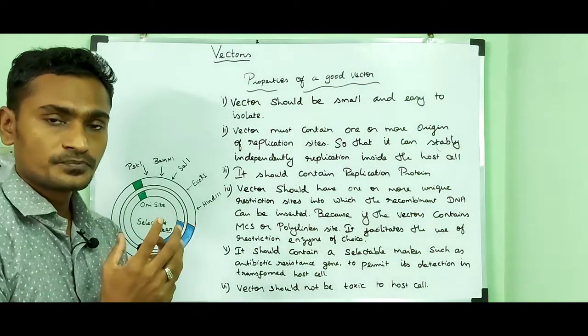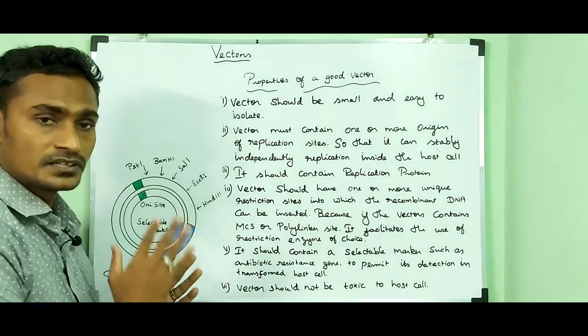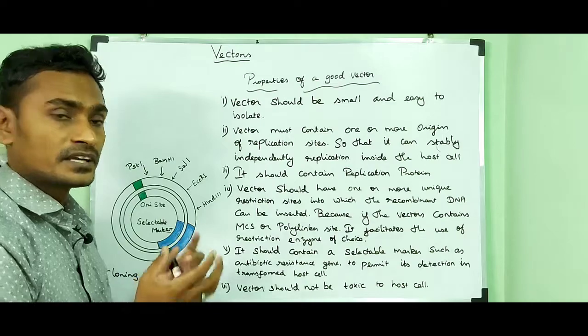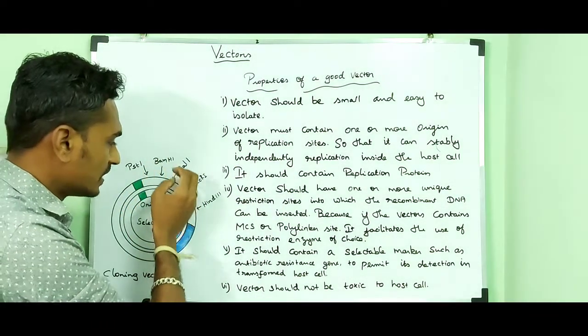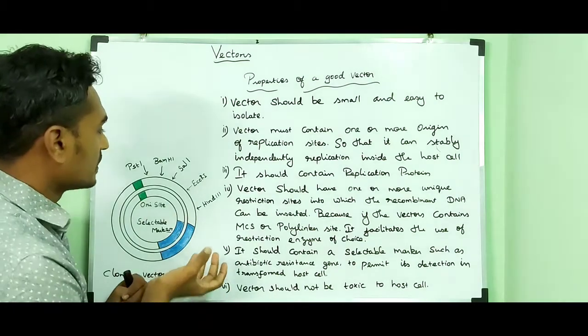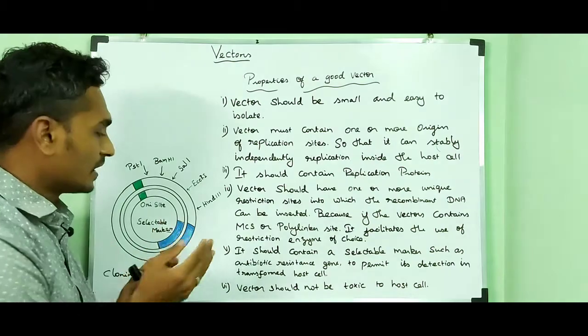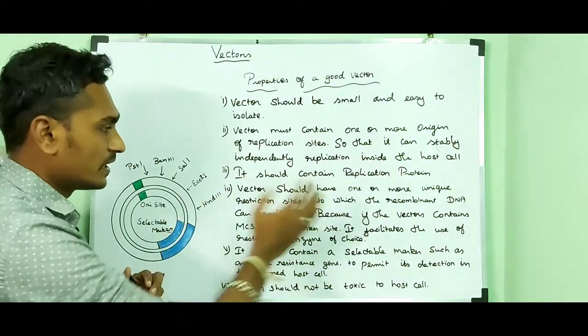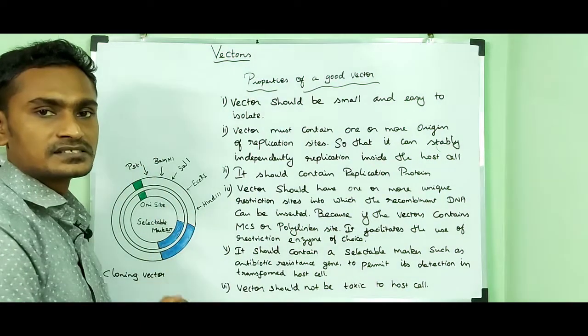So we can use the restriction enzyme EcoRI, and we can insert the gene of interest in that site. Otherwise, we can use the HindIII restriction endonuclease enzyme, make a cut, and insert the gene of interest at the specific site.